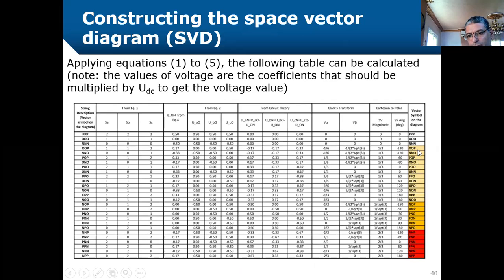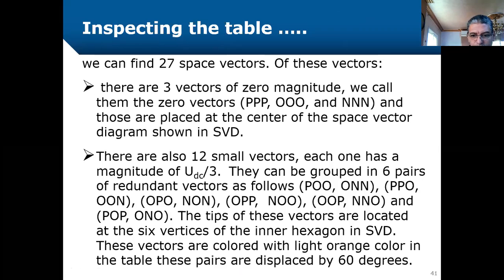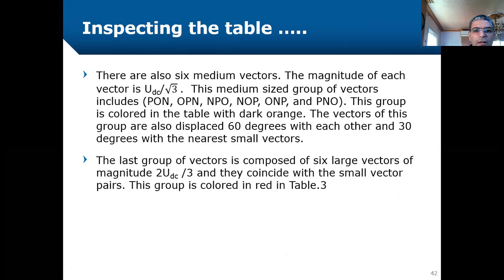These are 12 vectors, and if you draw them, you will find each two coincide with each other. We will see them on the diagram. There are also 6 medium vectors. The magnitude of each vector is UDC by square root of 3, and this medium-sized group of vectors includes PON, OPN, NPO, NOP, ONP, and PNO.